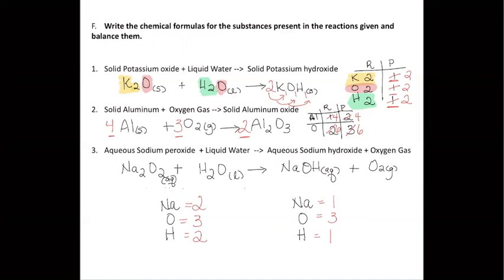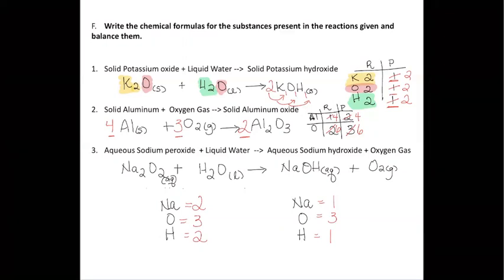But if we pay close attention, the sodium and the hydrogen in the product are also going to affect the count for oxygen, because in the product, we have oxygen in a compound where sodium and hydrogen are.